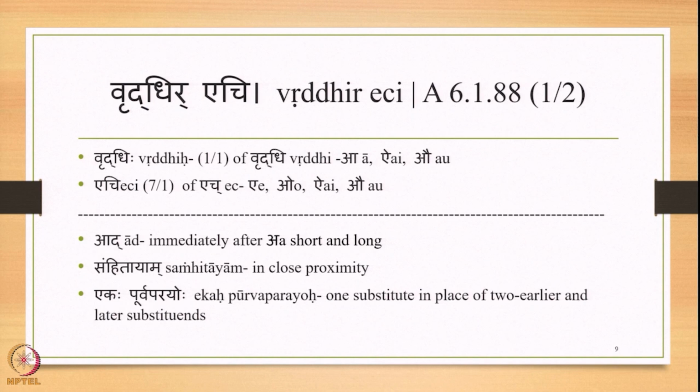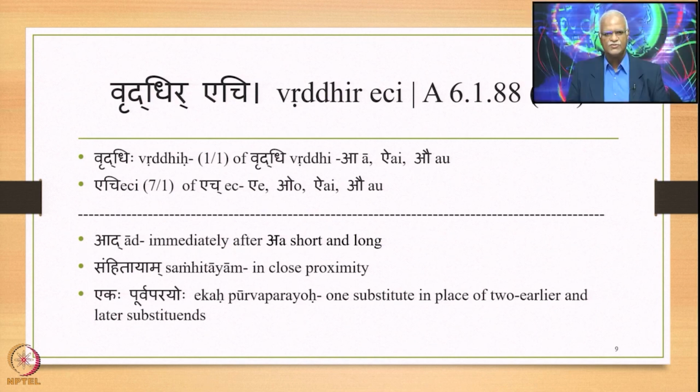This particular Sutra 6.1.88 contains 2 words, Vriddhihi and Echi. Vriddhihi is 1/1 of Vriddhi, which is defined by Panini in his very first sutra of the Ashtadhyayi, namely Vriddhiradaich.